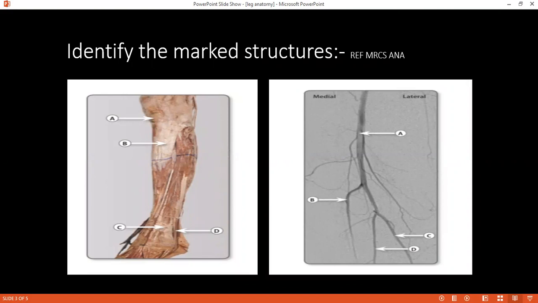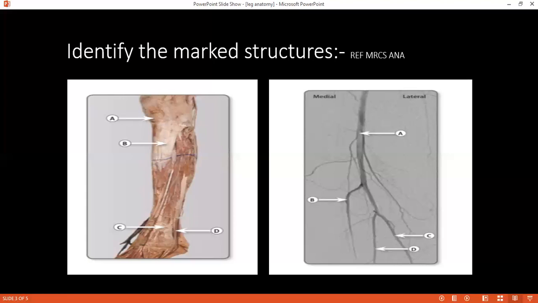How many compartments are there in the leg, please? Ma'am, there are 3 compartments, and the third one, the posterior one, is divided further into 2 compartments, superficial and deep. What are the contents of these 4 compartments? The anterior compartment consists of tibialis anterior, extensor hallucis longus, extensor digitorum, and peroneus tertius.